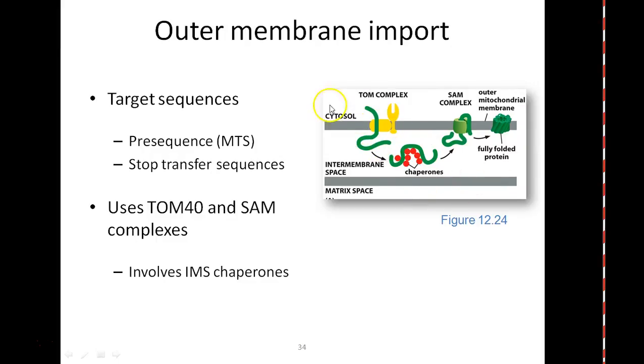It's again very simple. The protein goes into the intermembrane space. Chaperones are helping here, and the SAM complex in the outer membrane will make sure that this protein acquires its final native conformation and is embedded into the outer membrane.